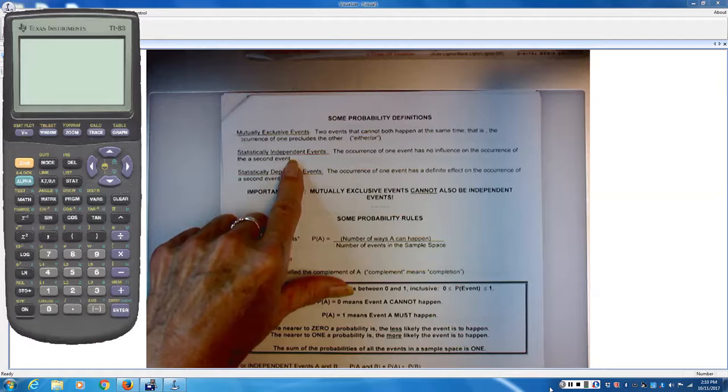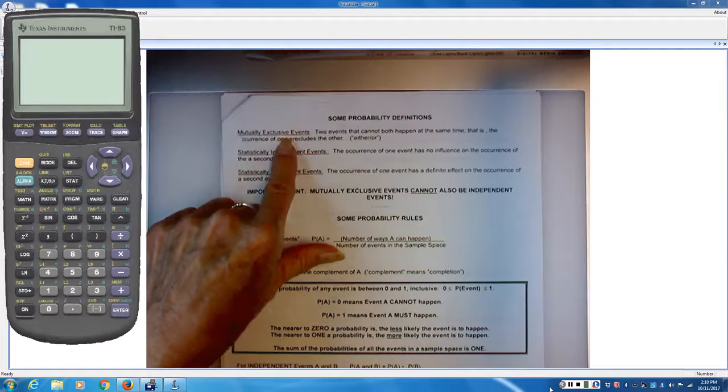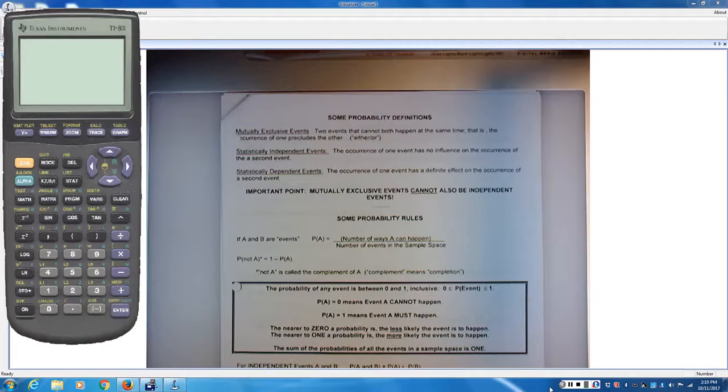They are totally separate. Mutually exclusive means something either happens or it doesn't. There is no overlap, okay? Either you drive a Ford or you drive a Chevrolet or something else, but you don't drive a Ford Chevy. That makes no sense, okay?